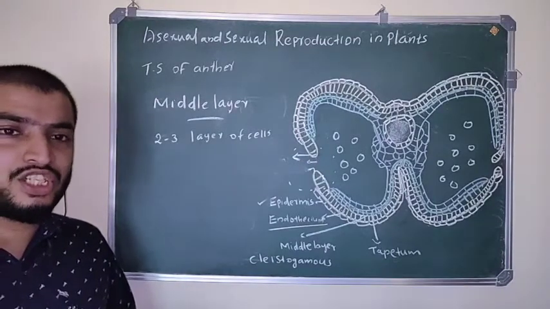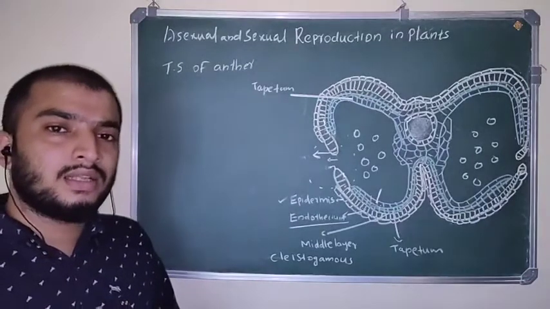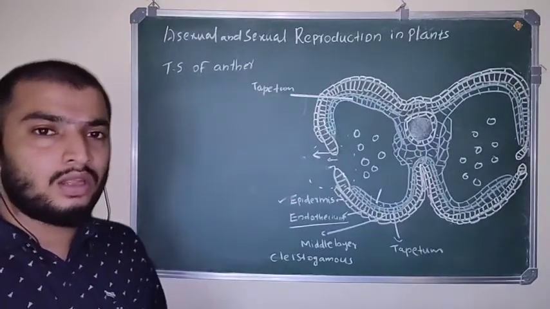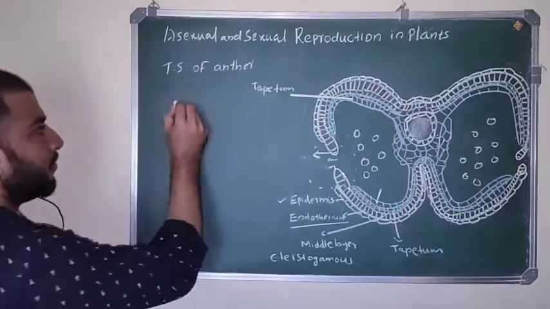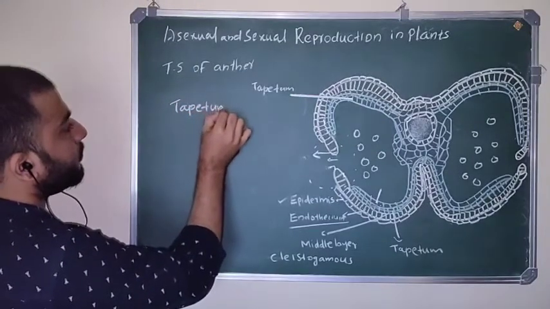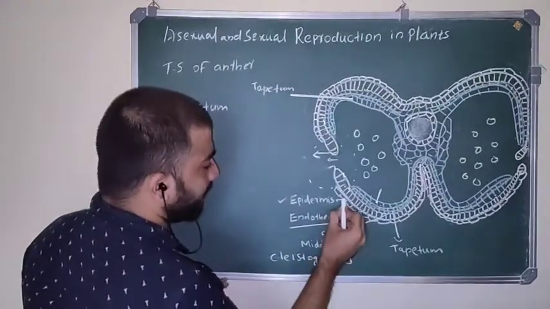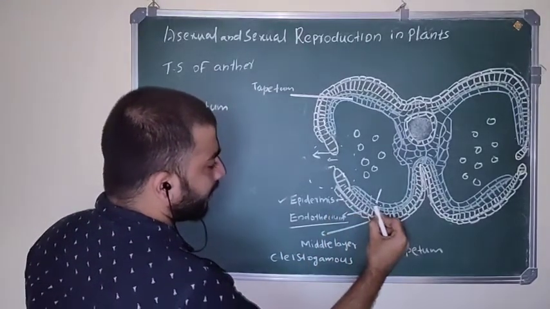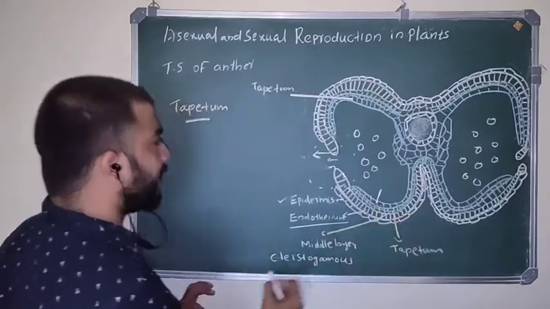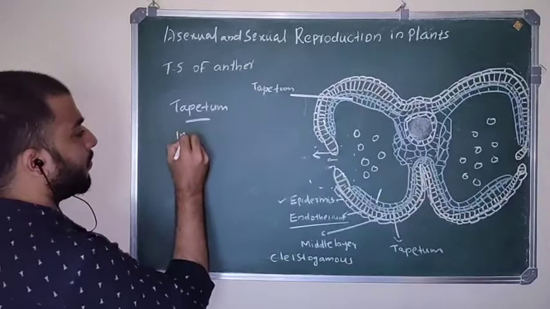Next layer is the tapetum. Next we are going to discuss the innermost layer of the anther wall, that is called tapetum. So where is the tapetum here? You know the epidermis, then endothecium, then middle layer, then finally the tapetum. So the tapetum is the innermost layer.